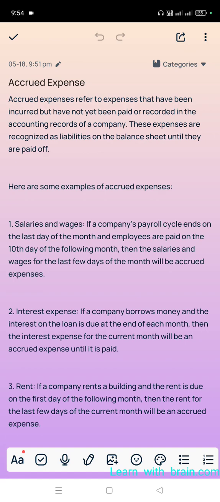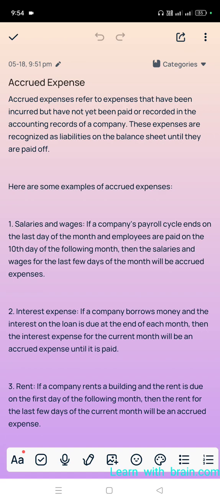Employees are paid on the 10th day of the following month, that means June 10th, for the May month. So the salaries and wages for the last few days of the month will be accrued expenses. That's why this is an accrued expense.